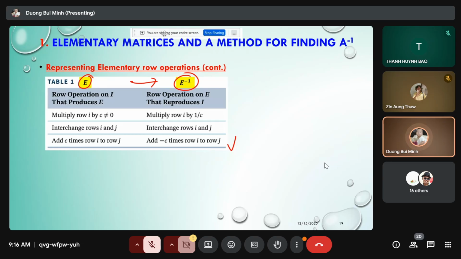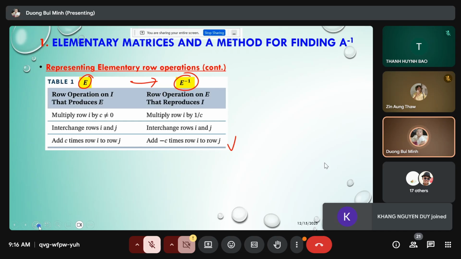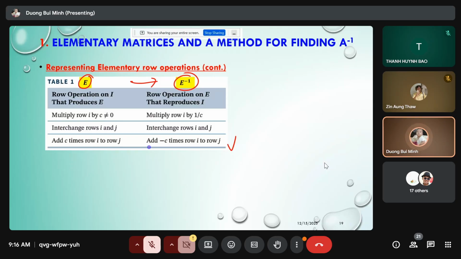Okay, so last week we discussed elementary matrices, and we know how to determine E, and also the inverse of E. E is an elementary matrix.